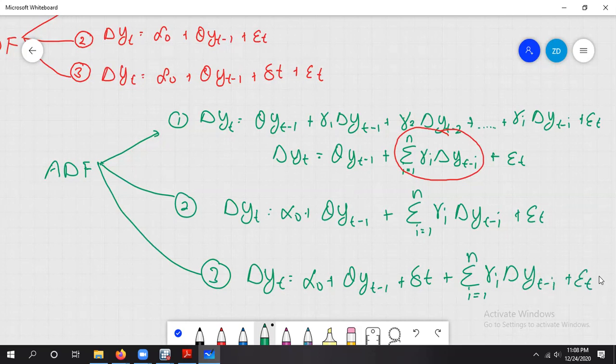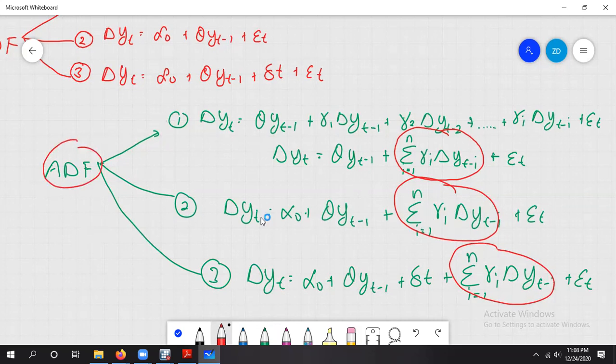Okay, so of course, because we put the augmented, we are using the augmented Dickey-Fuller. This is the difference between the Dickey-Fuller and augmented Dickey-Fuller.